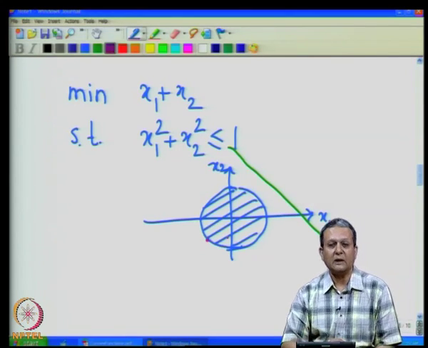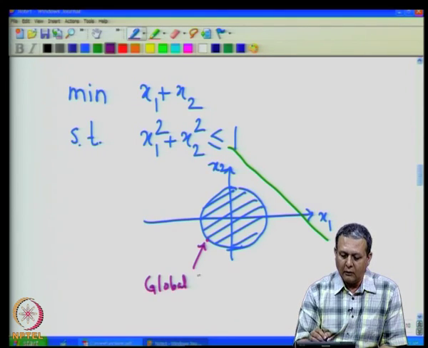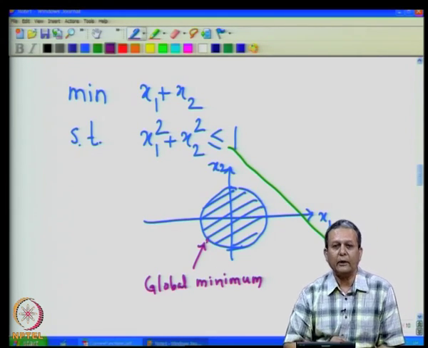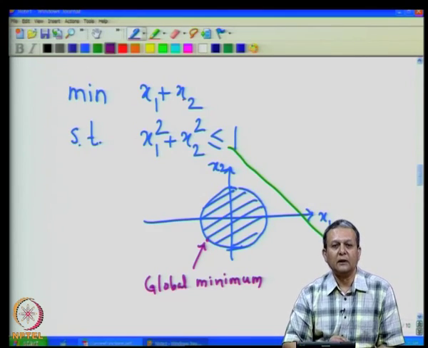This function has a unique global minimum. The x1 and x2 coordinates at this point will tell us about the global minimum, and if we plug those values of x1 and x2 into the objective function, we will get the optimal objective function value.